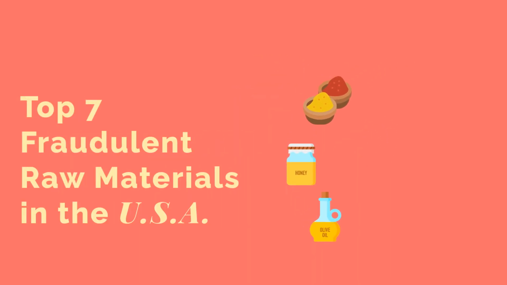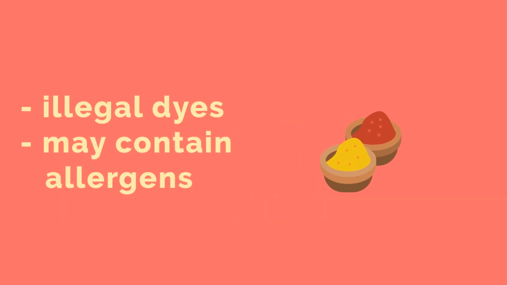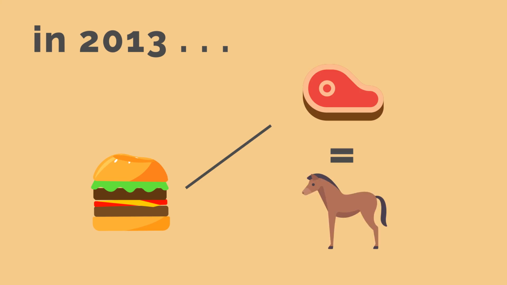Regarding food fraud, spices, for instance, can have illegal dyes or allergens added to them, which can cause harmful food safety reactions. If that in itself is not a food safety issue, the 2013 horse meat found in burgers helped push the need for food defense plan during those times.